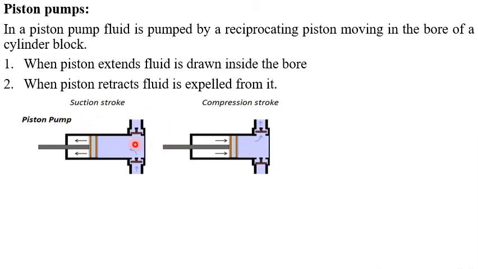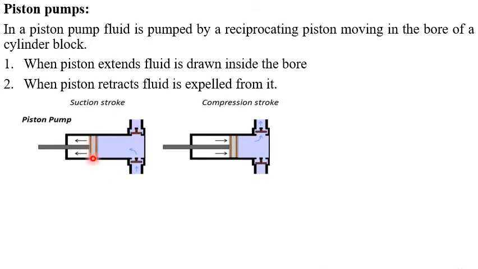Look at these diagrams. You come to know. First one is suction stroke, second is compression stroke. I will go for construction. See this block border line. This is the cylinder block, and there are two ports or two valves, one for inlet and one for outlet.